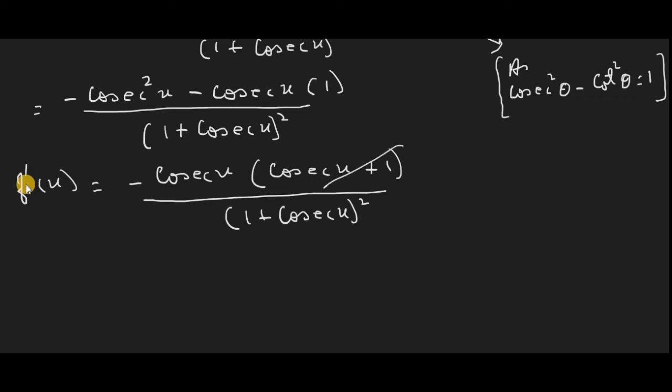So we can cancel this term as minus cosecant x whole divided by 1 plus cosecant x, and this is our first derivative for the given function.